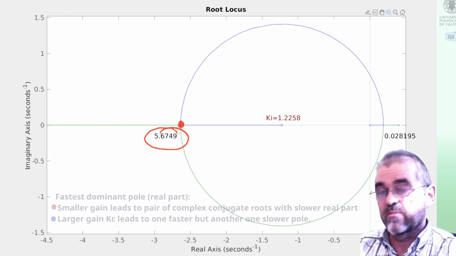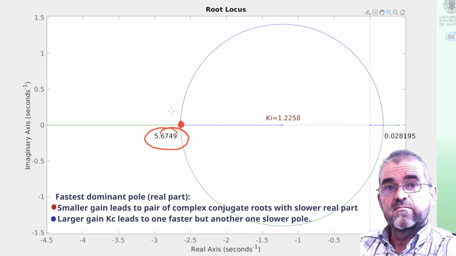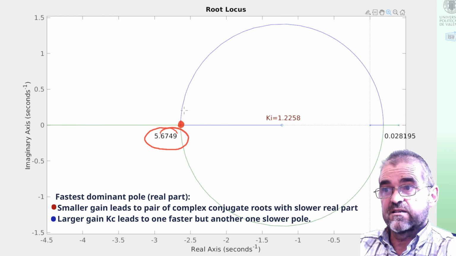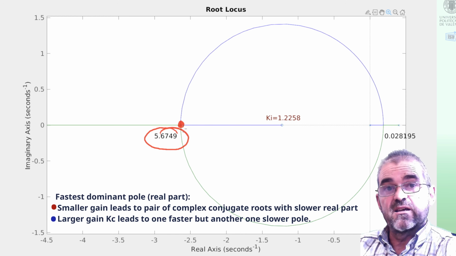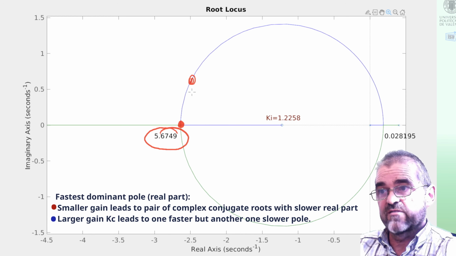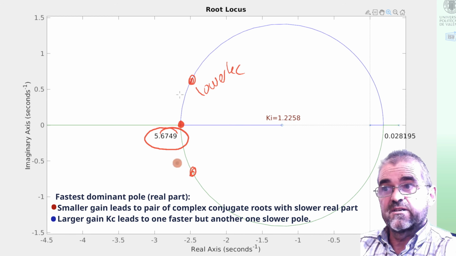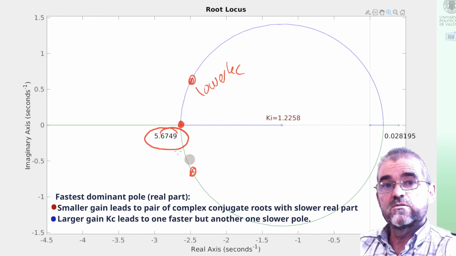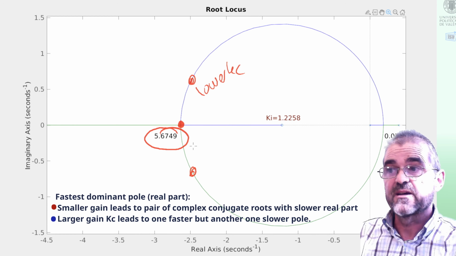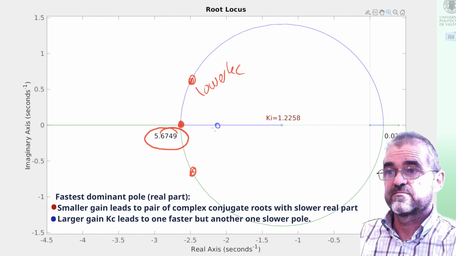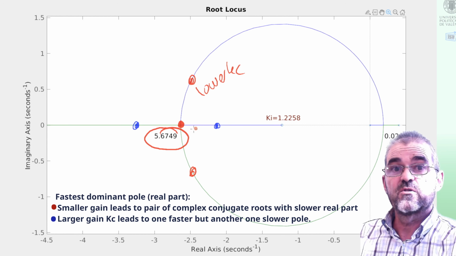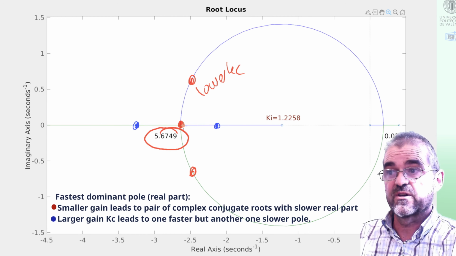Why? Because this is somehow the fastest real poles I can achieve, in the sense that if my gain is lower than this value, I will have 2 oscillatory and slower poles, and if my gain is higher than this value, I will have 2 real poles, but one of them will be slower than this one.